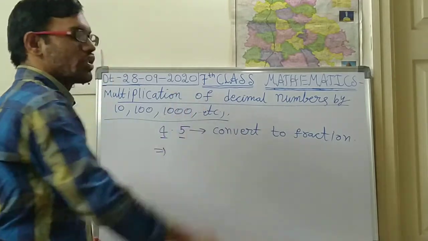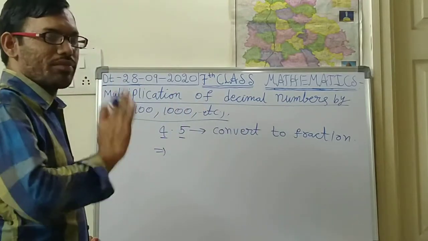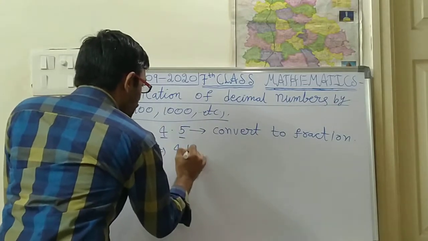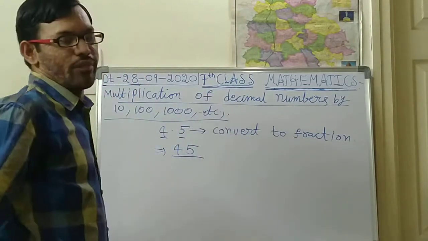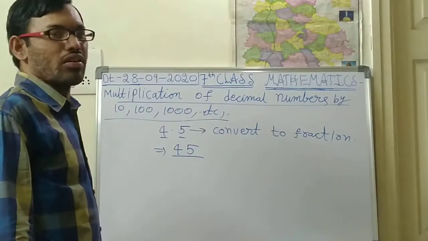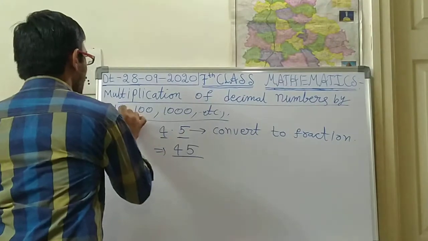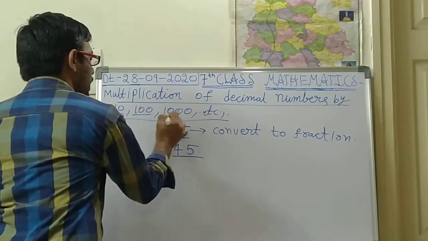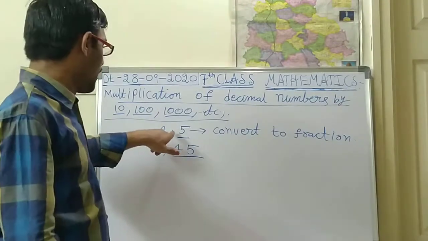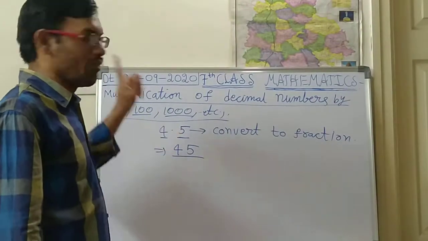First forget about the decimal point. Remove the decimal point. So what is 4.5? In the numerator you should write 45. In the denominator, which number should you write? The denominator should be 10 or 100 or 1000, based on the decimal places given in the problem.